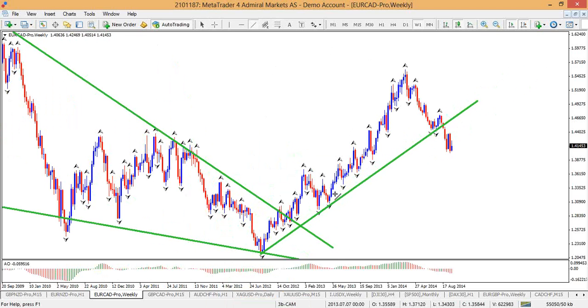That one was broken, and obviously this one was broken. These are different angles of trend lines, steep, medium, shallow trend lines, all of them broken basically, so pretty bearish with the EuroCAD as the momentum rise down. This is kind of like your rise and fall.